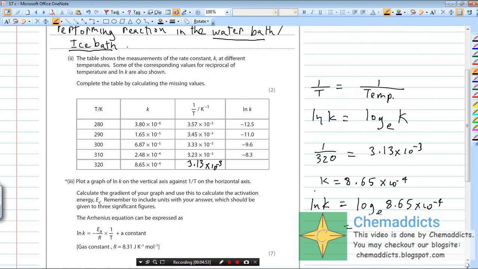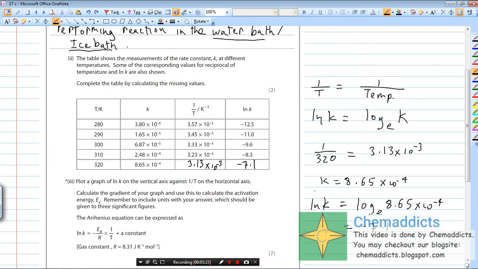So ln K means log base e of 8.65 into 10 to the power minus 4. If we calculate, we will get something like minus 7.1. So this value should be minus 7.1. Let me write this here. Minus 7.1. Yeah, fine. So we have completed these two parts.